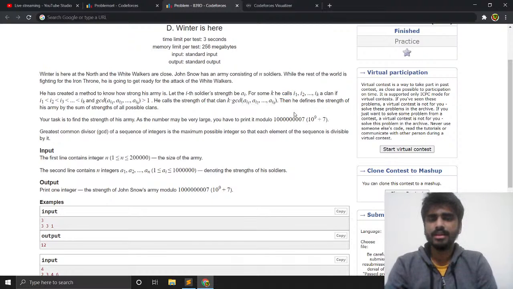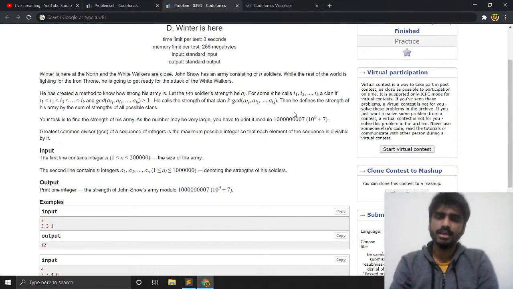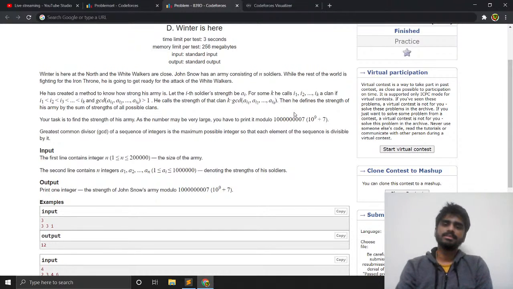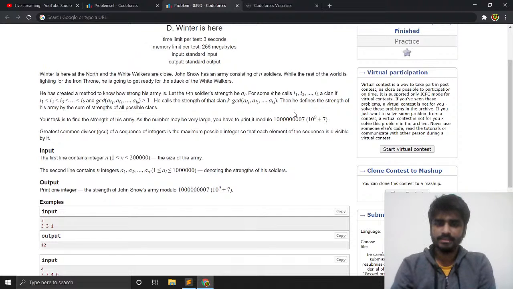So this is a subsequence of length k, and the GCD of this subsequence is greater than 1. So it's like a non-coprime subsequence, and we multiply the GCD with the length of the subsequence. We add it to the answer. So we have to do this for all possible subsequences and print the answer.